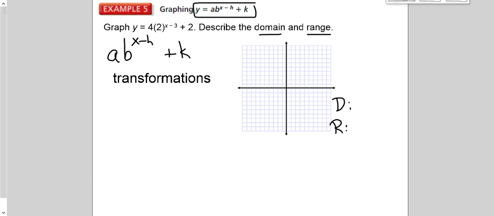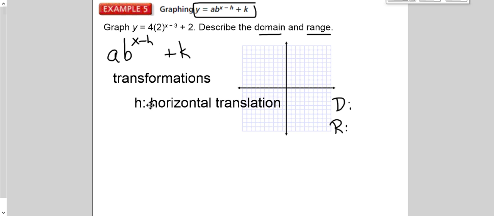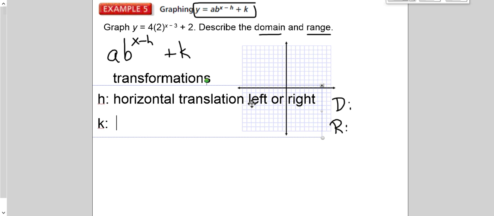H is a horizontal, notice I used H, horizontal translation, either left or right. K, not quite as obvious.